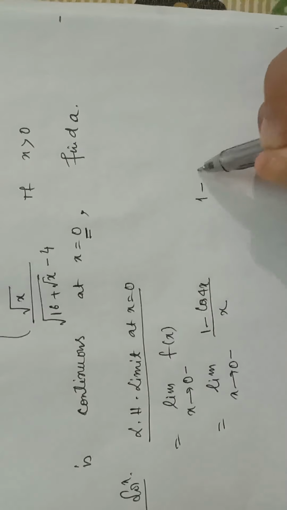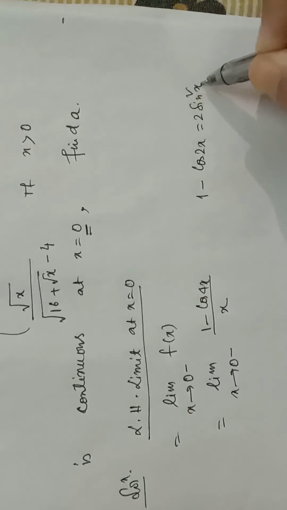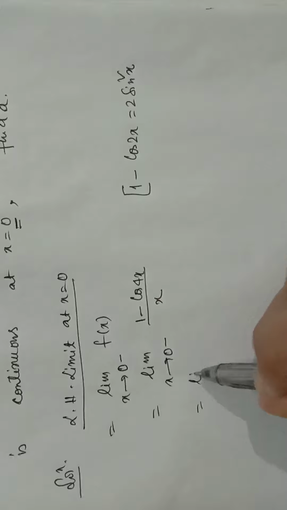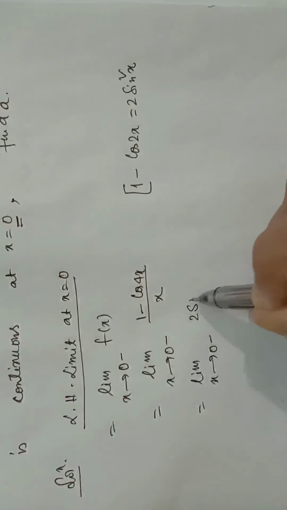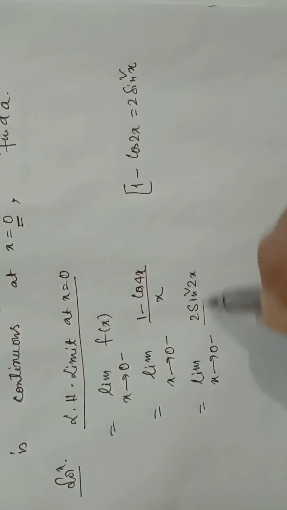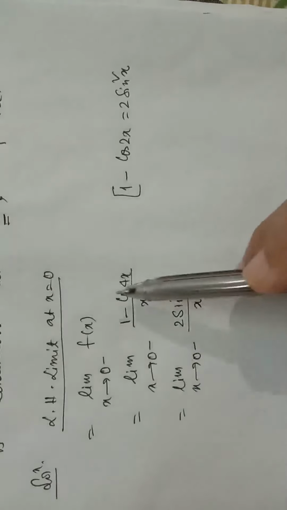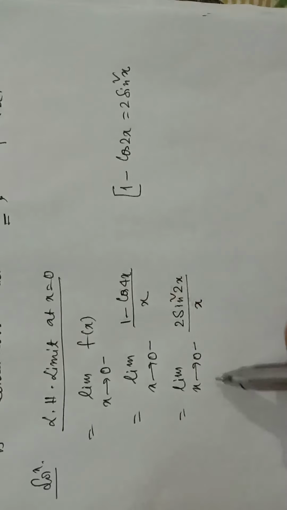We know 1 minus cos 2x equal to 2 sin square x. Using this, 1 minus cos 4x will be 2 sin square 2x, since the angle is 2 times 2x, that is 4x.